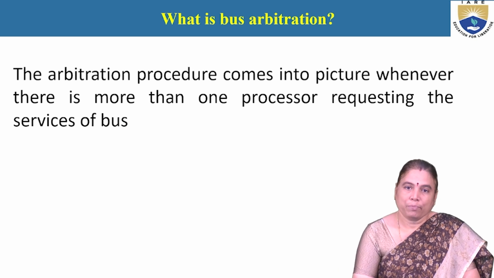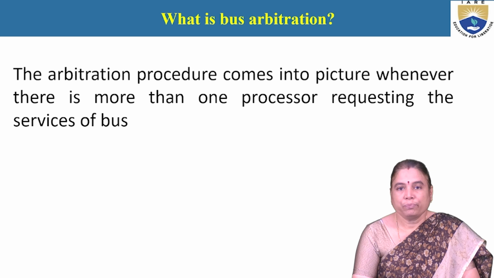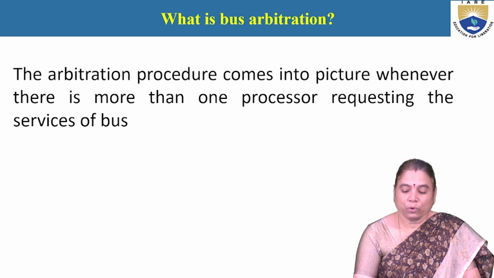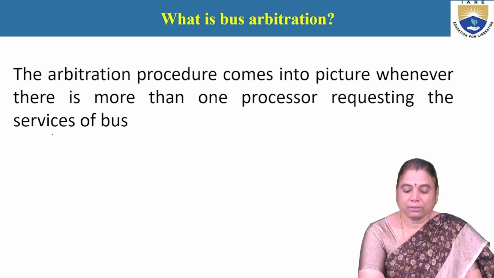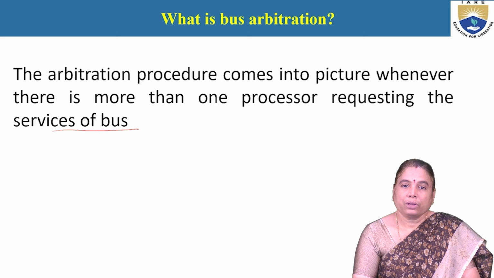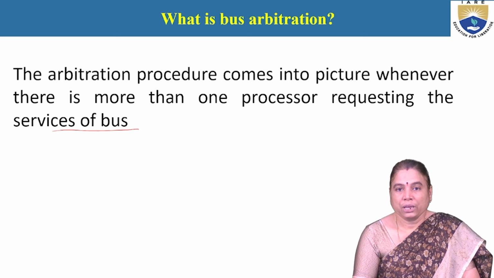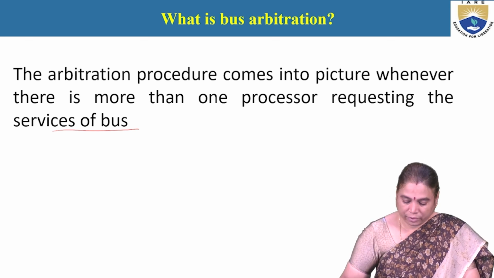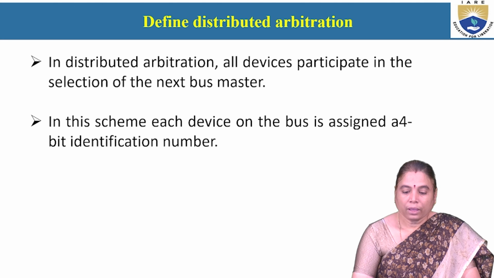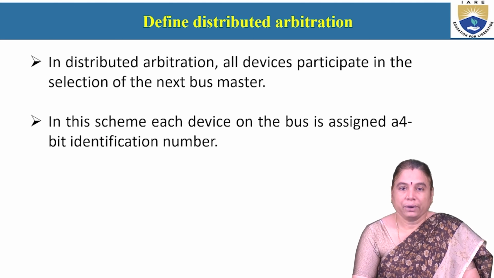What is bus arbitration? The bus arbitration procedure comes into the picture whenever more than one processor is requesting the service of the bus. Which processor is selected for communication, or granted the bus, is determined with the bus arbitration mechanisms. Define distributed arbitration.